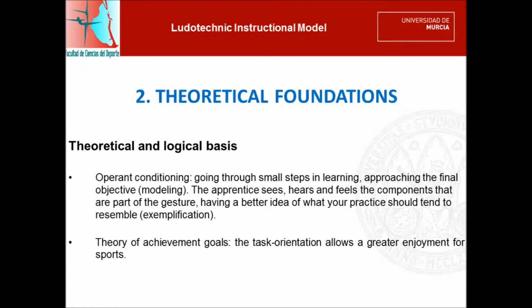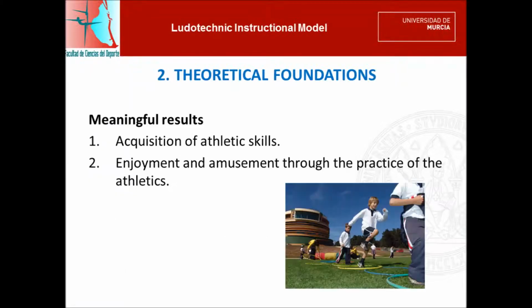Theory of achievement goals: the task orientation allows a greater enjoyment of sports. On the other hand, we find meaningful results: acquisition of athletic skills and enjoyment and amusement through the practice of athletics.